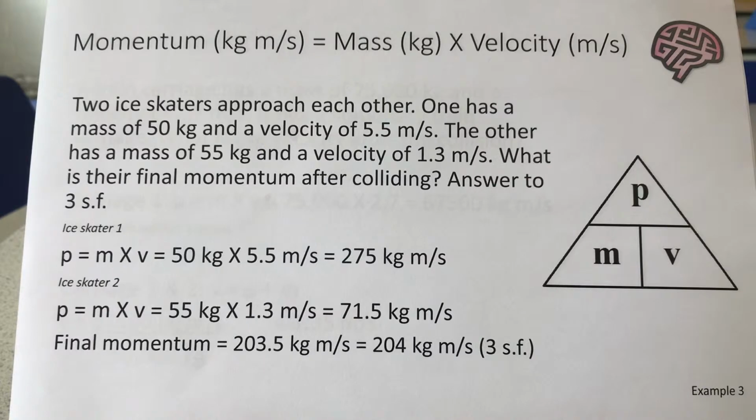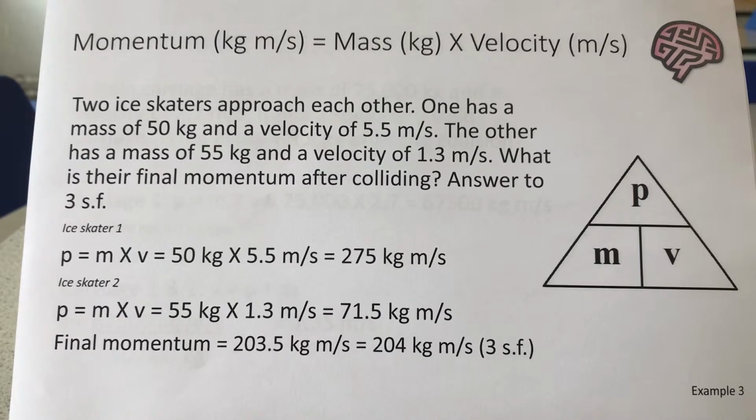So they're colliding with each other. One is coming from the left, one is coming from the right. They collide with one another. So what we're trying to find out now is the difference in their momentum. Okay, so we've got 275 coming from one direction, 71.5 coming from the other direction.